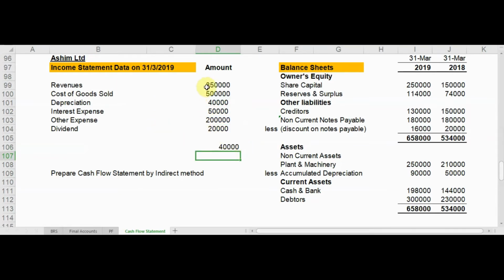This is what remains after deducting cost of goods sold, depreciation, interest expense, other expense and dividend from the revenue. Please note that reserves and surplus, previously it was 74,000, now it is 1,14,000. So this 40,000 has been added to the reserves and surplus.